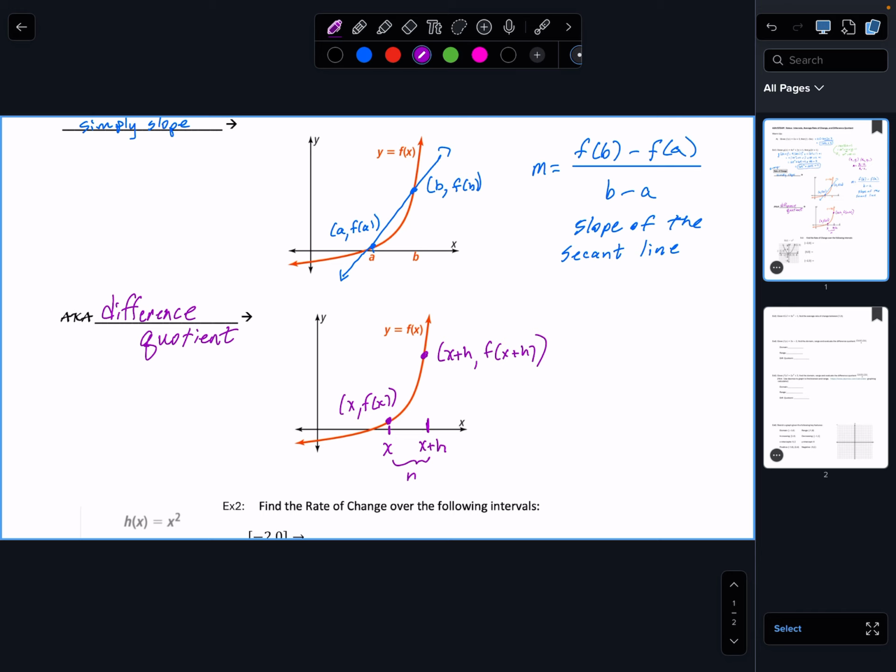And now it is your slope. Your difference quotient is the slope between these 2 points. And so f of x plus h minus f of x, all over your change in x, which is your x plus h, minus your x.